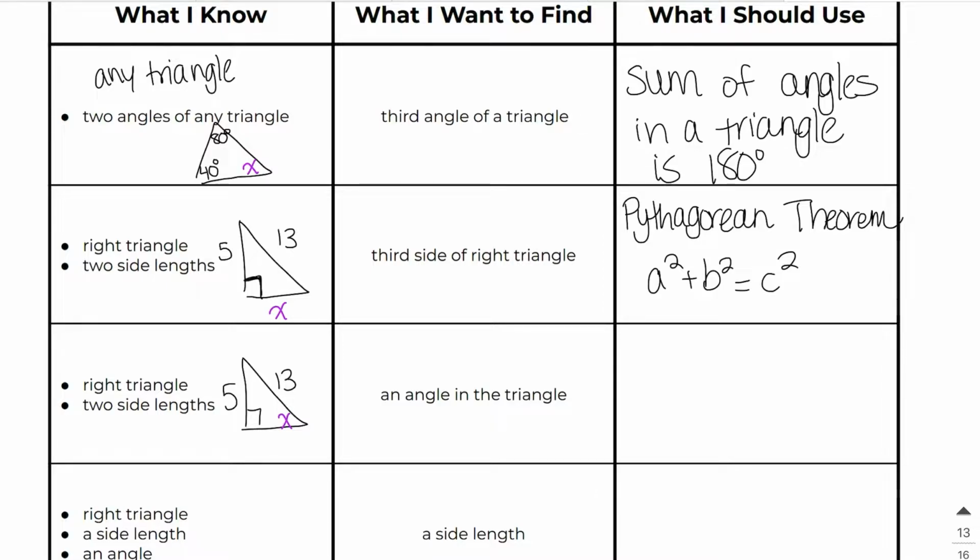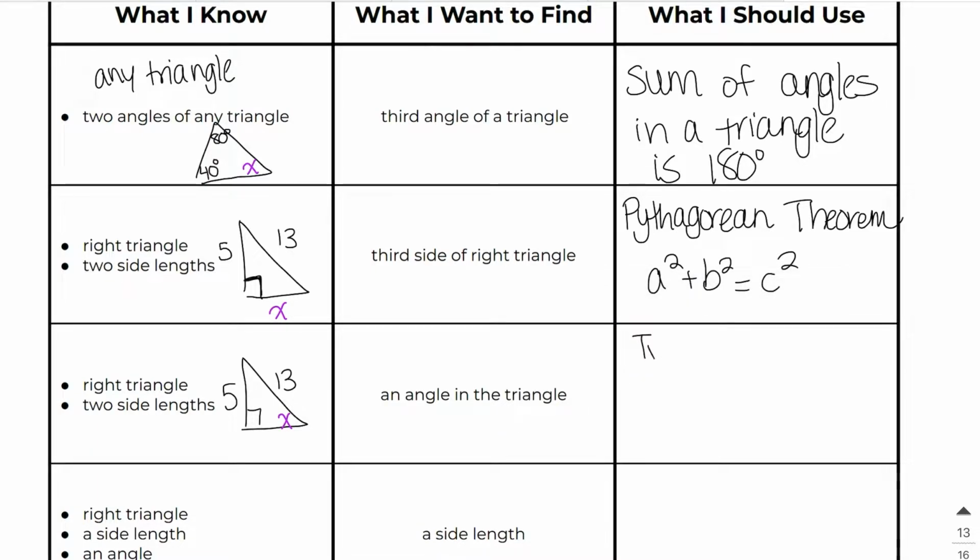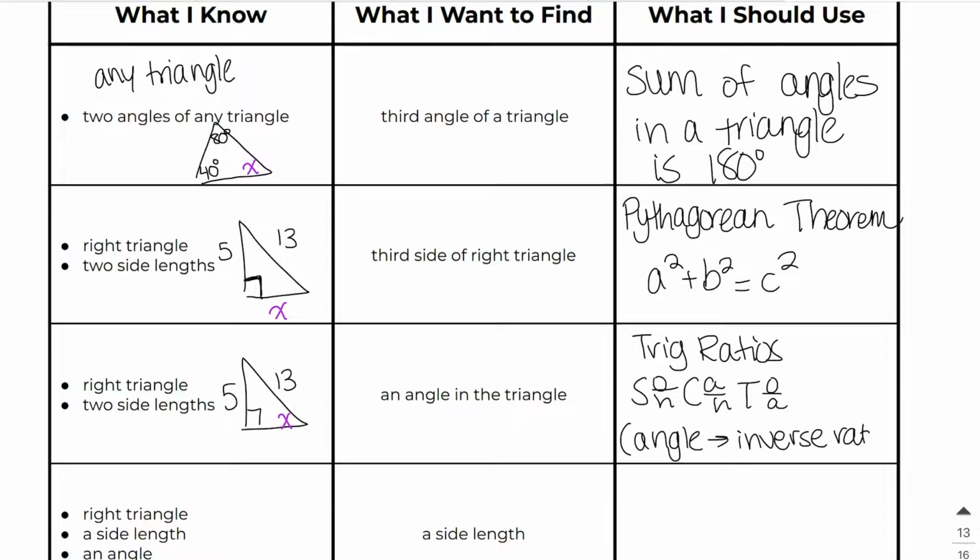So for an angle in the triangle, what I would use are my trig ratios. And just a reminder that my trig ratios are SOHCAHTOA. But because I want to find an angle, that means that I'm going to use an inverse ratio. So I'm either going to use inverse sine, inverse cosine, or inverse tangent, depending on the sides that I know.